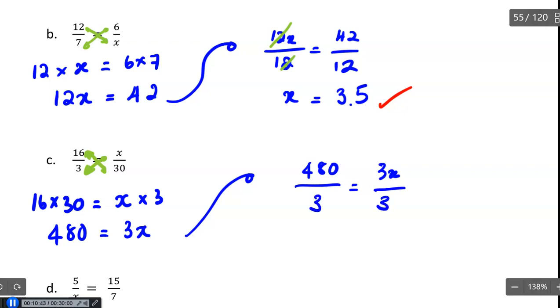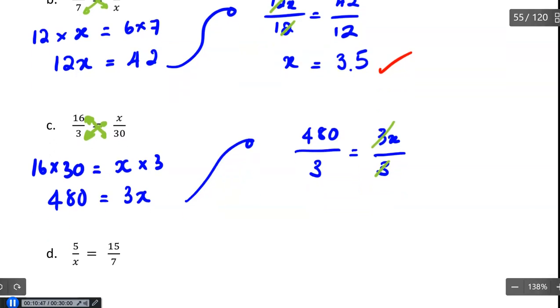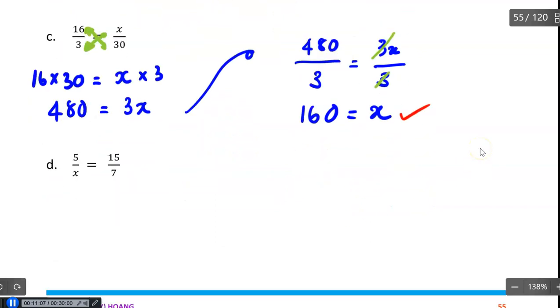So this will cancel out. Doesn't matter if x is on the left hand side or the right hand side, it's representing the same thing. So it's still equal to x. This is the logic of mathematics. It doesn't matter if x stays on the right hand side of the equation, it's still equal to 160. Or you can say 160 equal to x. So then x is still equal to 160.